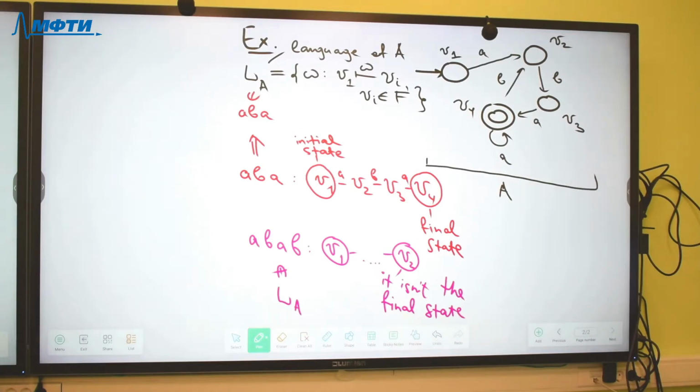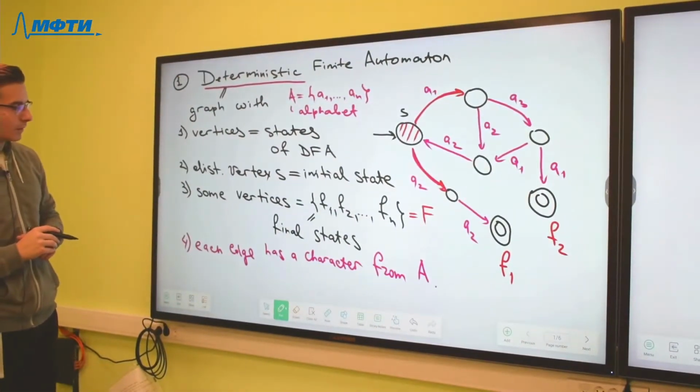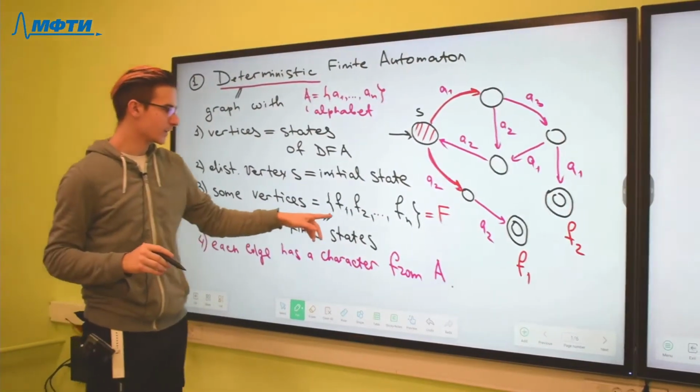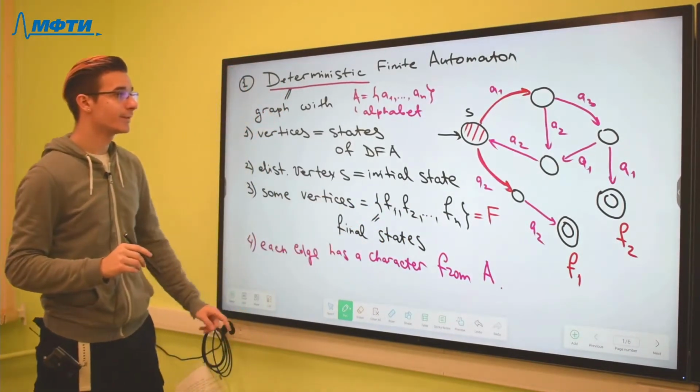As here we say that the set of these vertices is the set of final states.